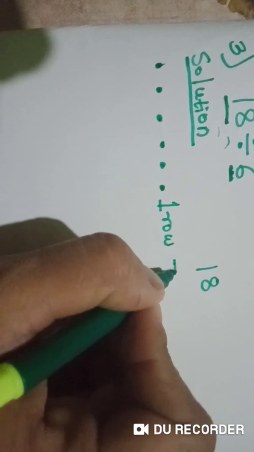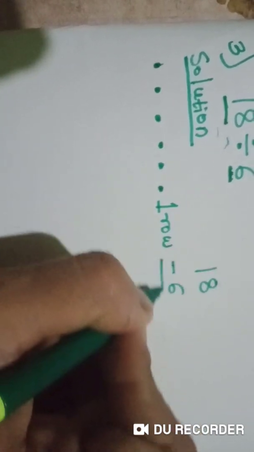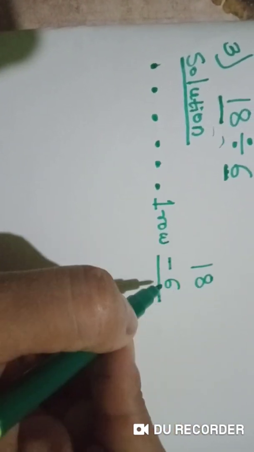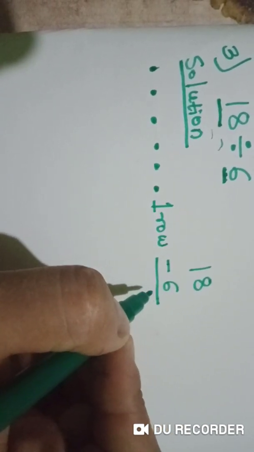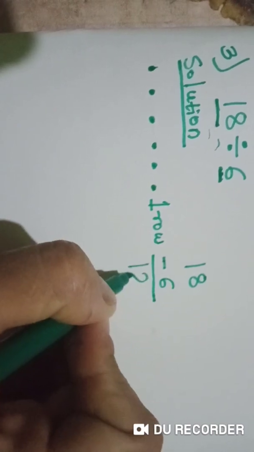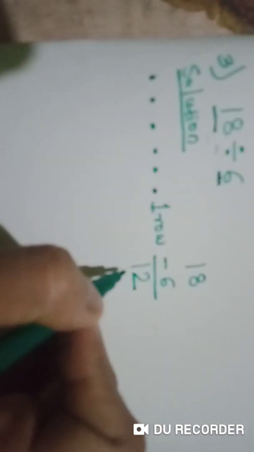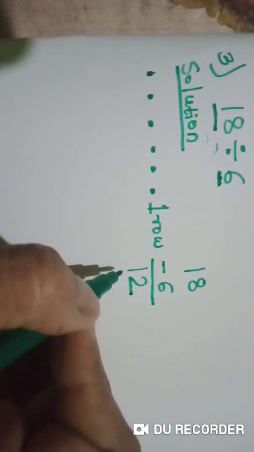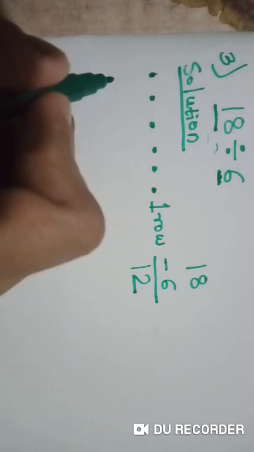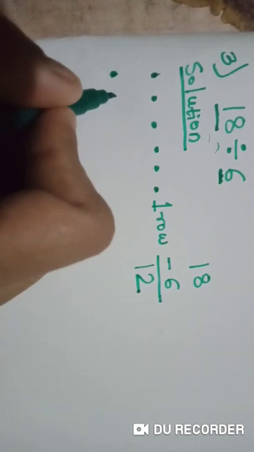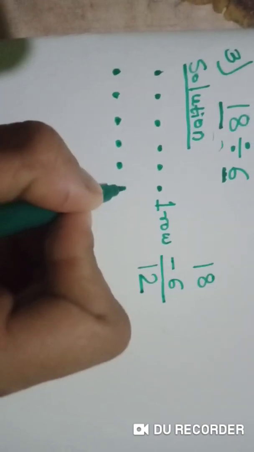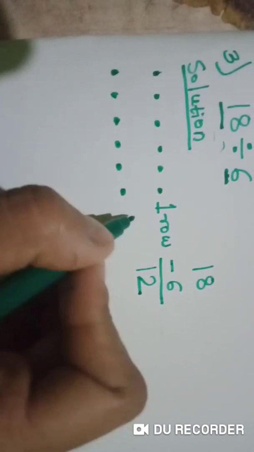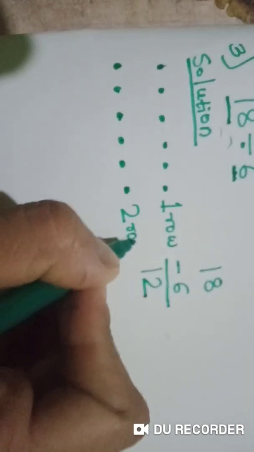Therefore we will subtract 6 from 18. 18 minus 6, how many we will get? Is 12. Now 12 is remaining. Therefore again second row will be formed. 1, 2, 3, 4, 5, 6. 6 dots in second row.